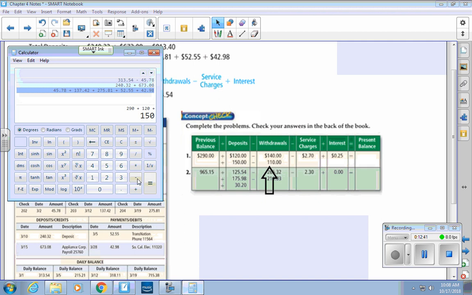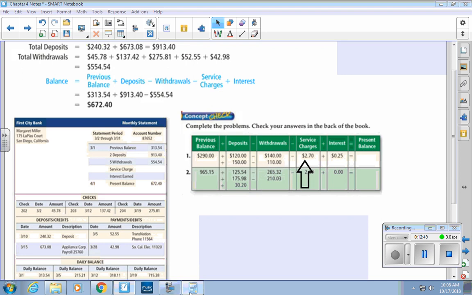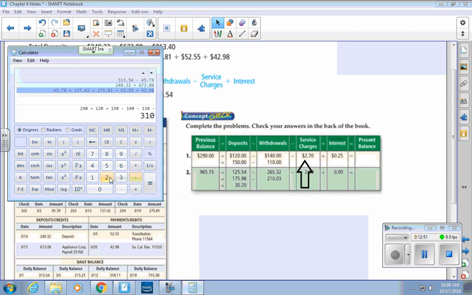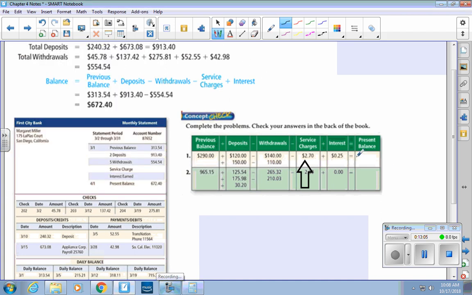Minus our withdrawals, 140 minus 110, minus our service charges, plus our interest. And in this case, we made 25 cents in interest. And so we get $307.55, and let's write that in here. And since we don't live in Europe, it is the almighty dollar.